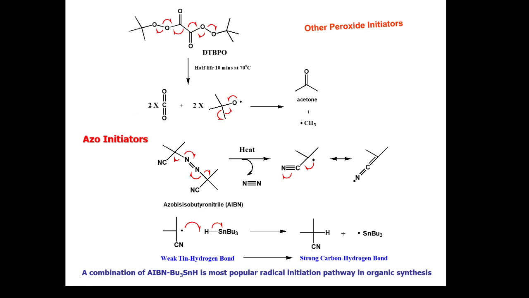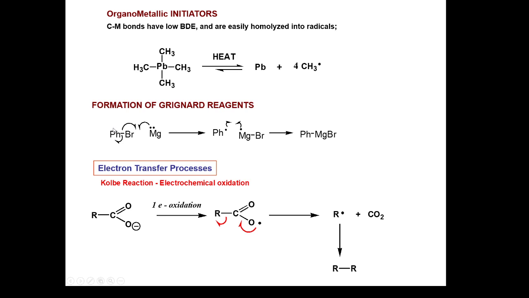So free radicals are seen in our organic chemistry a lot, and a lot of the compounds that we've talked about through the semester, and I guess we're 3/4 of the way through now, can be seen here. Check this out. Here's an organometallic initiator, and Grignard is an organometallic compound also.